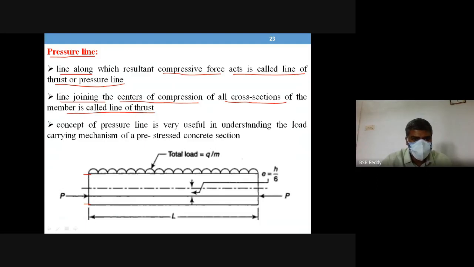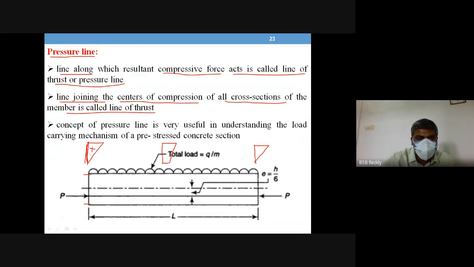Okay, just for example, I'll show you. Take this end cross section and draw something like this. So this is positive. Take the center cross section and draw something like this, and take this end section and draw something like this.